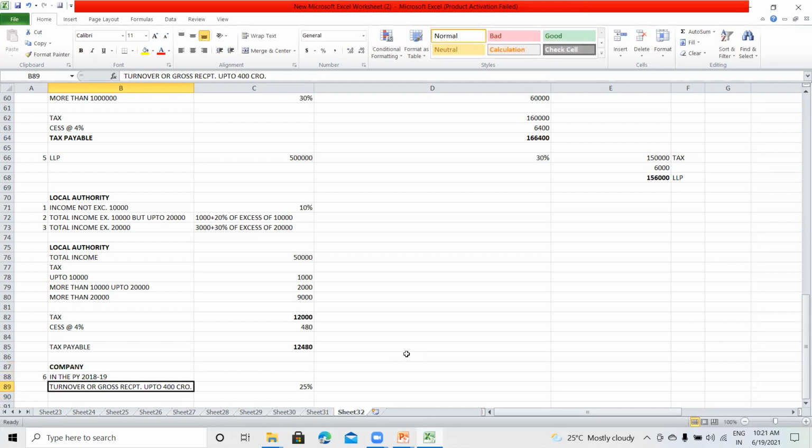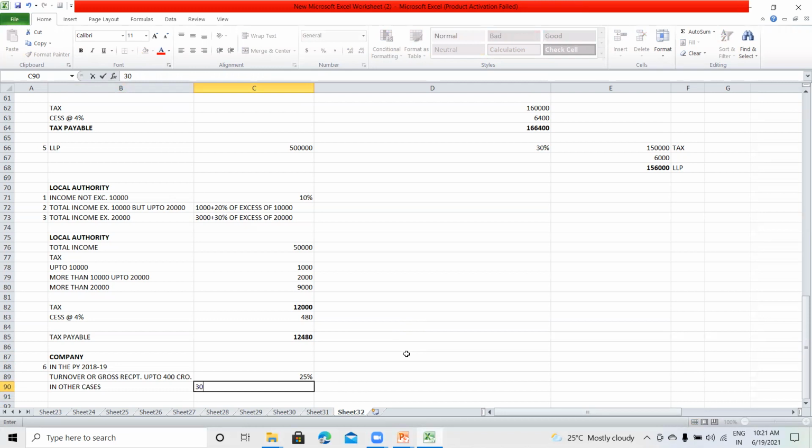And in other cases the tax rate will be 30%. If the turnover in the previous year 2018-19 is up to 400 crore, then the tax rate will be 25%. In all other cases it is 30% in the case of domestic company.